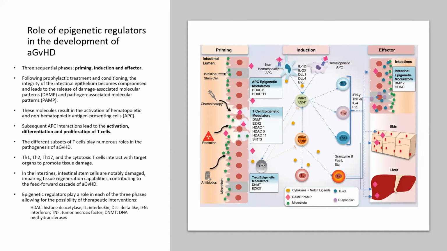These molecules result in the activation of haemopoietic and non-haemopoietic antigen-presenting cells. Subsequent interactions lead to the activation, differentiation, and proliferation of T cells. And the different subsets of T cells then play various roles in the pathogenesis of acute graft versus host disease.